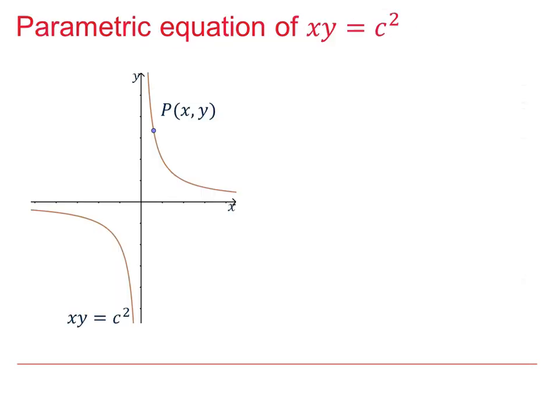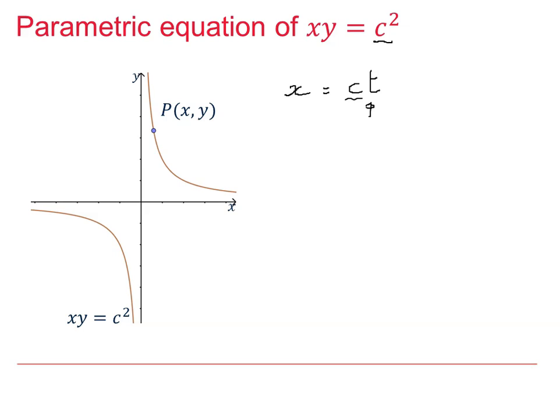I'd now like to consider the parametric equations of xy equals c squared. And so we're going to start by introducing a parameter t, and I'm going to let x be equal to c multiplied by t. So that's going to introduce the parameter, but also gives me a way of getting c squared into here.